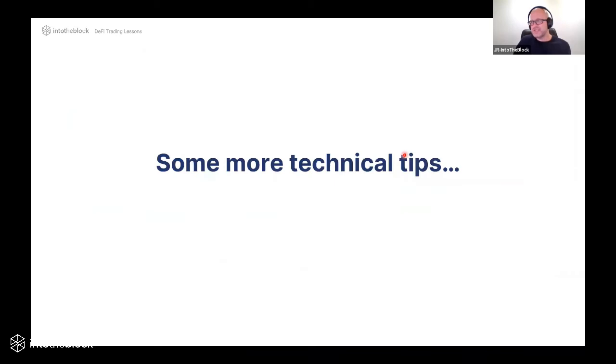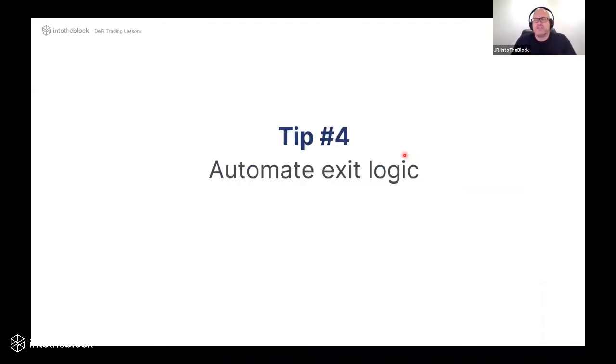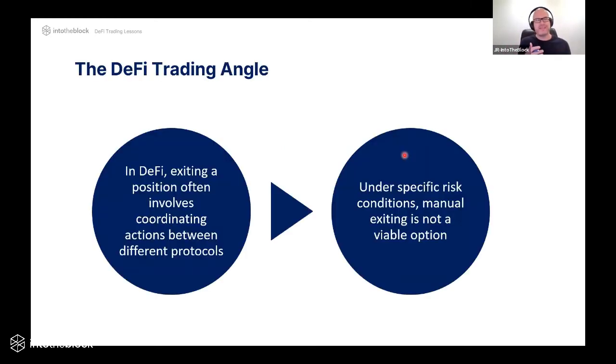So let's look at some other tips more from the technical side of things. One thing that we follow religiously, and I couldn't tell you how important this is, is to automate the exit logic. I will say the entry logic on a position too, but assume that you can assemble a position manually. The thing is that in DeFi, things change so fast, and exiting a position often requires coordinating activities between different protocols.